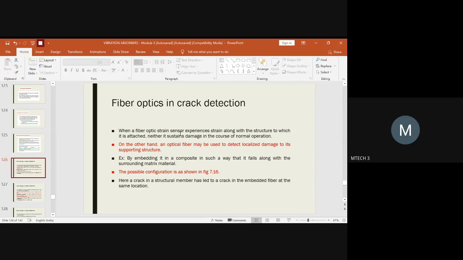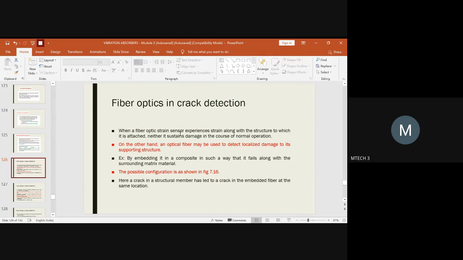So you should use a fiber optic sensor, which is basically a strain sensor. This strain sensor will help you identify any type of crack coming across in the structure. When you use this type of sensors and optical fibers, the structure you are speaking about is a smart structure, not the regular one.